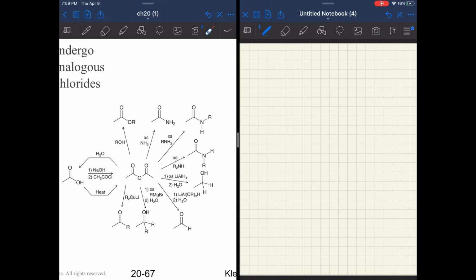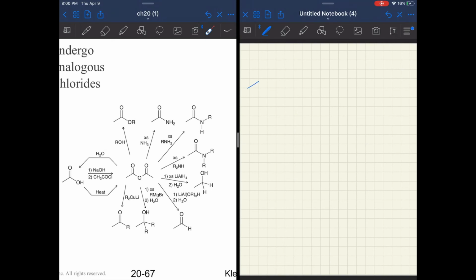Oh, I'm sorry. It's a carboxylic acid and an acid halide. So I misspoke. But you have hydrolysis, alcoholysis, aminolysis, reduction, partial reduction, Grignard, and Gilman. You would be expected to know all of these. I'm not going to go through all of them again.